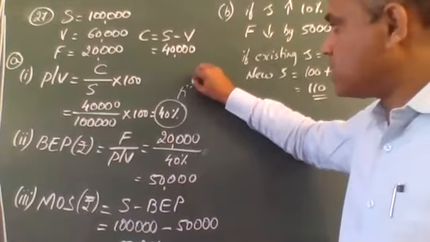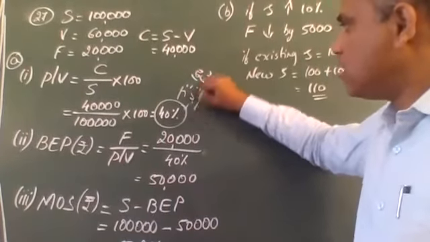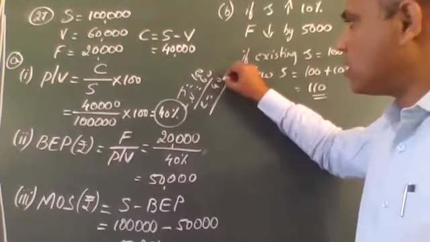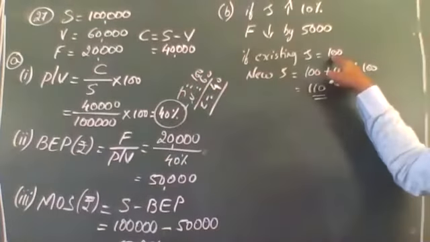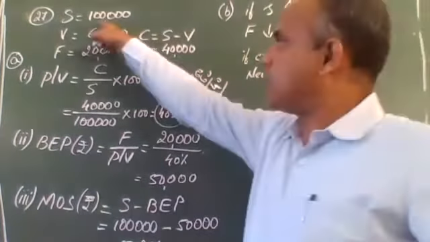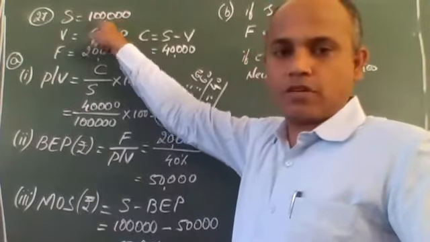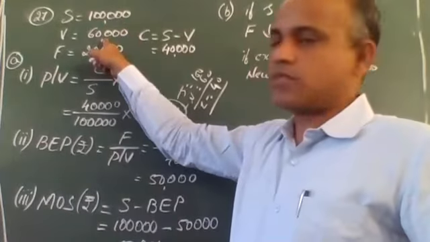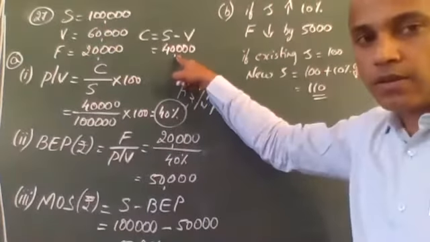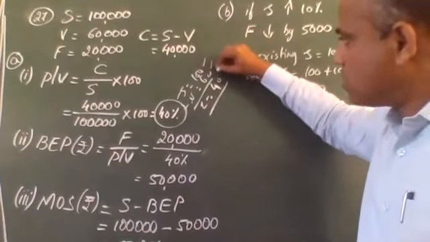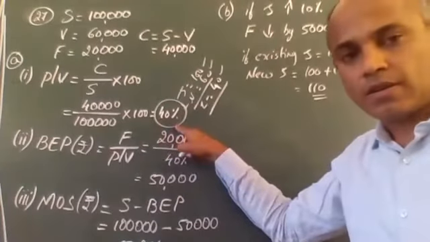When my selling price is 100, my variable cost is 60, my contribution per unit is 40. How, sir? Because I am taking selling price as 100. If selling price is 100, cut two zeros, what will be the quantity here? 1000 units. Divide by 1000 units, you'll get 60. Divide by 1000 units, you'll get 40. So 100, 60, 40. 40 by 100 into 100 gives you 40%.